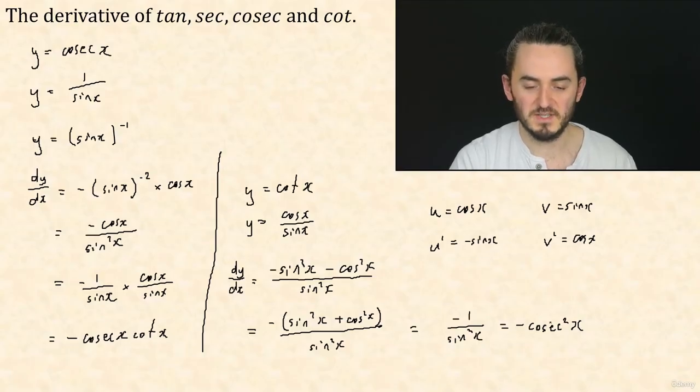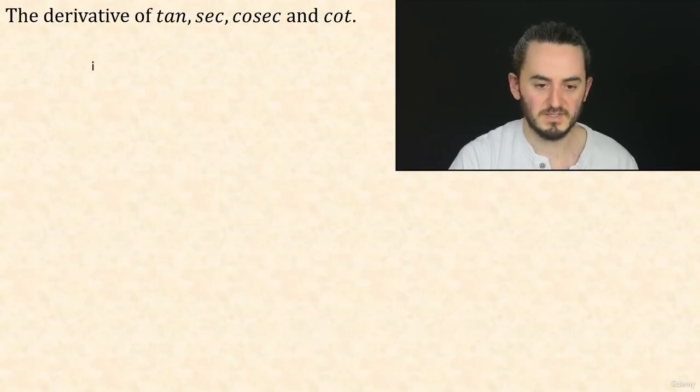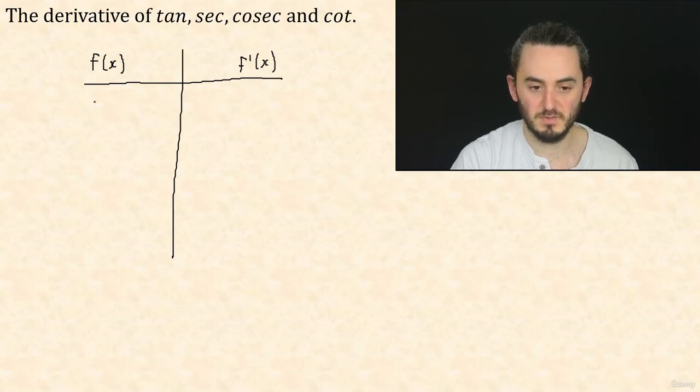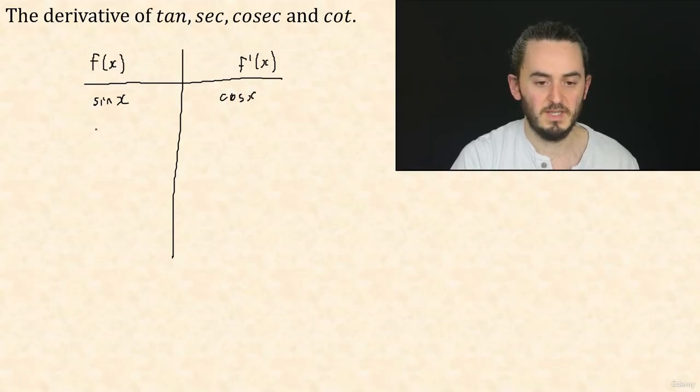Okay, let's summarize those 4 derivatives that we've now just established. I'll just lay out a little table here of here's the function and here is its derivative. So the 2 trig functions that we started with, which we know, is if f of x is sine x, its derivative is cos x. If the function is cos x, its derivative is minus sine x.